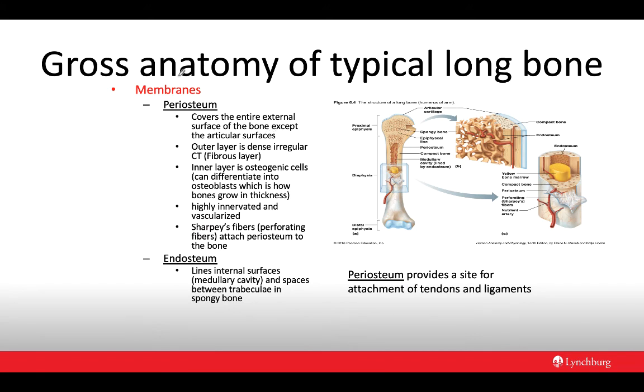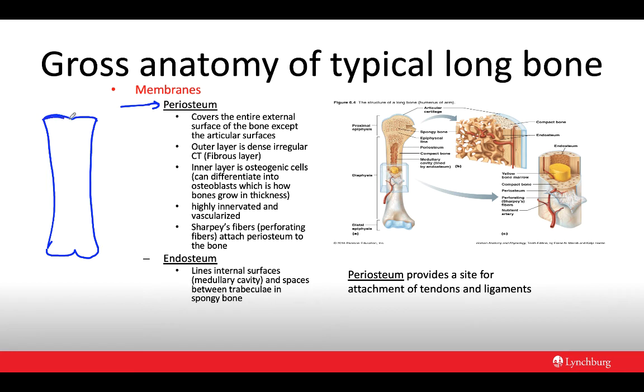Okay, there's some membranes that are relevant to long bones too. The first one's going to be the periosteum. And so what we see with periosteum is it basically covers the entire external surface of the bone except for the ends where the articular cartilage is.